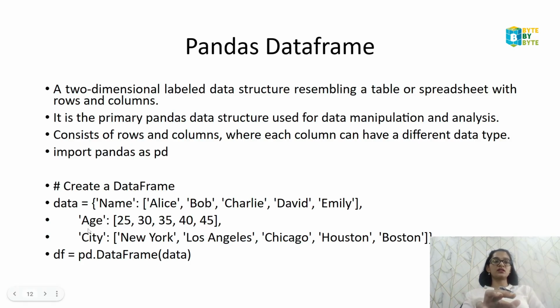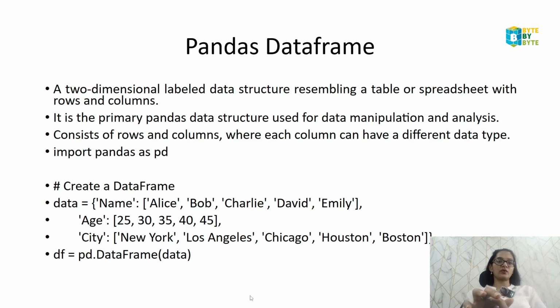We have 3 keys, name, age and city, and with respect to the keys we have their values. Whenever you pass a dictionary into a DataFrame, keys will be converted into columns and values will be converted into rows.